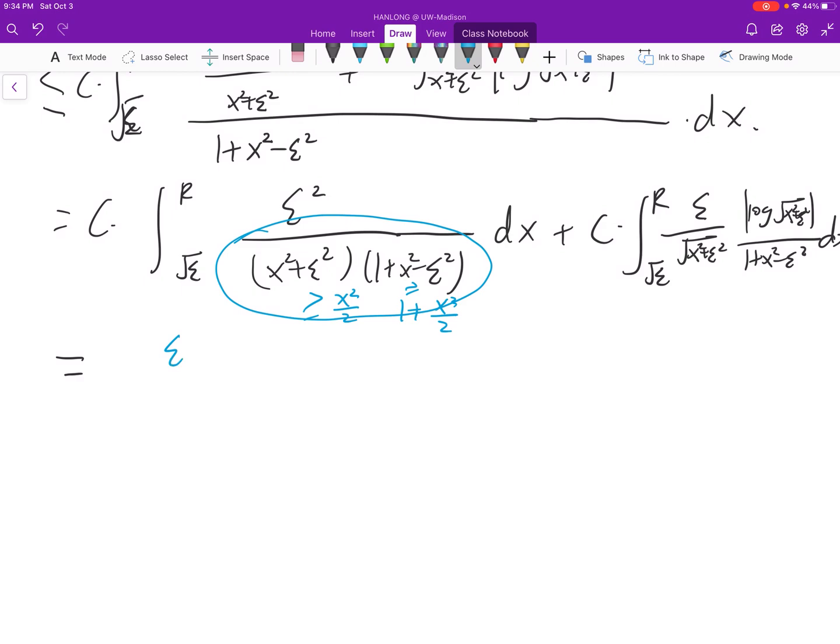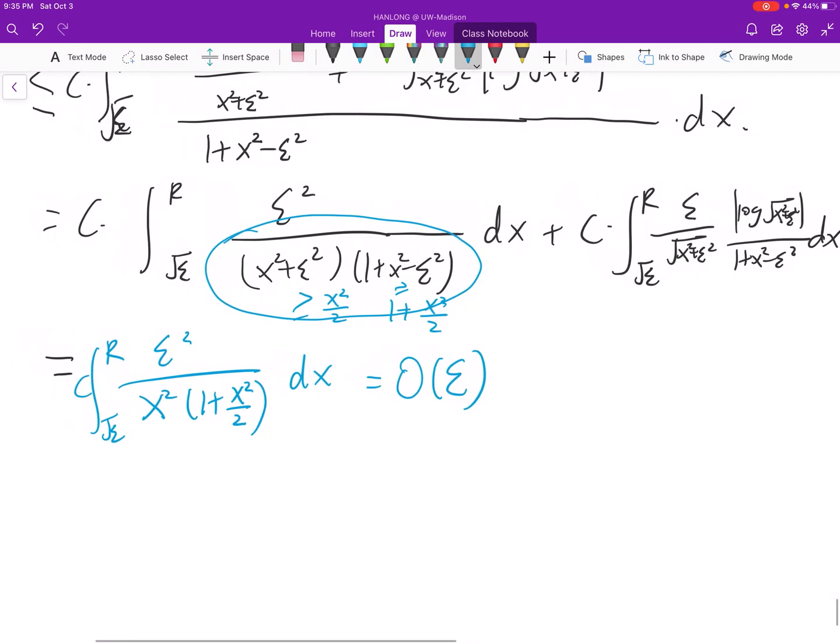Okay, so you have epsilon squared over x squared times 1 plus x squared over 2 times some constant. And of course, this integral is of order at least O epsilon.